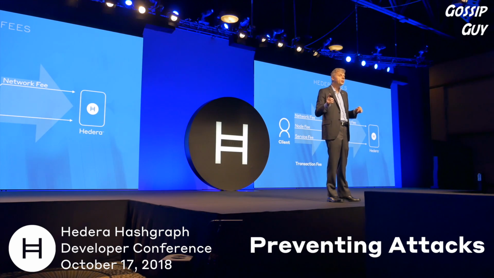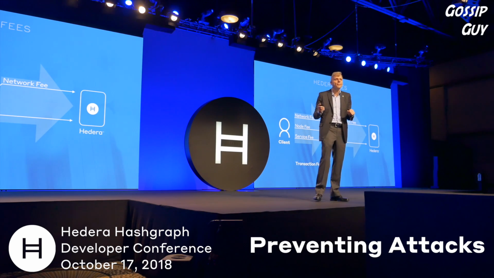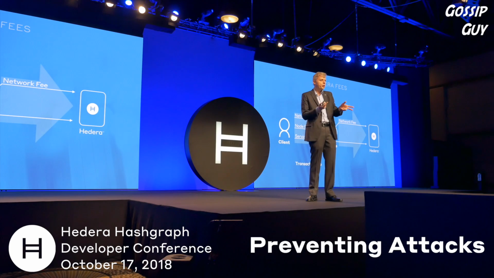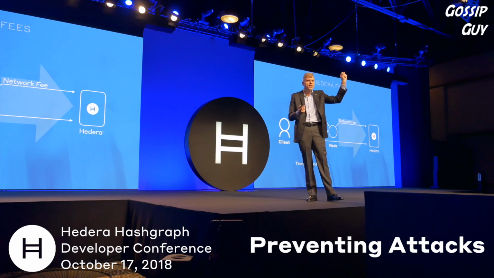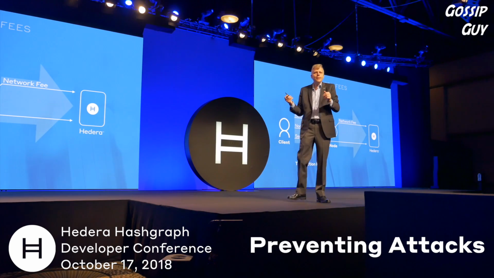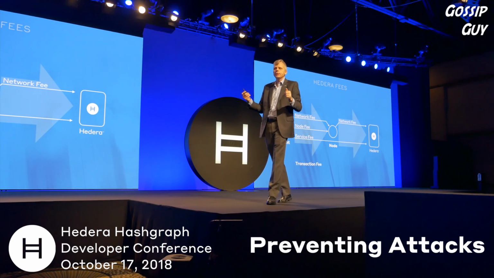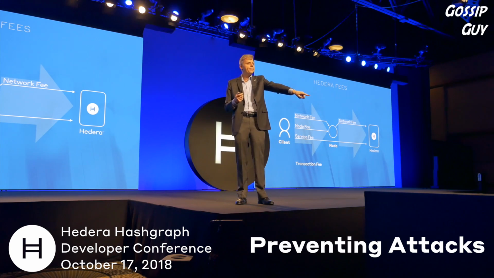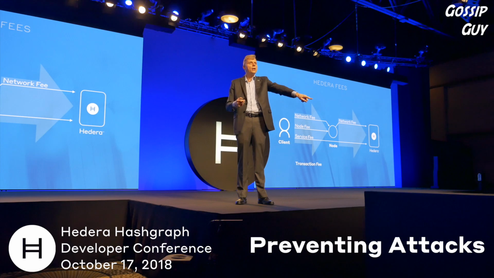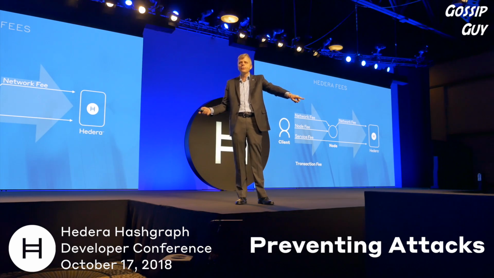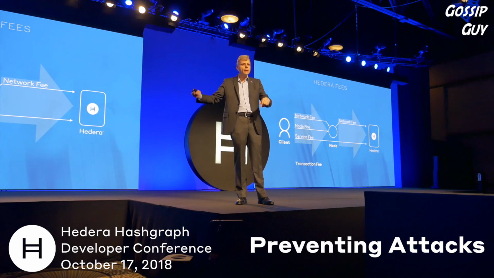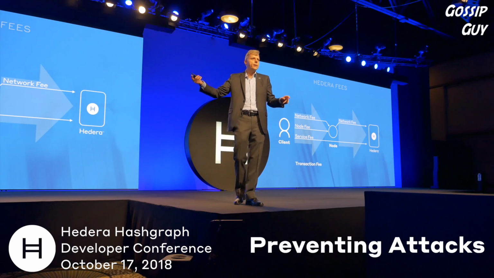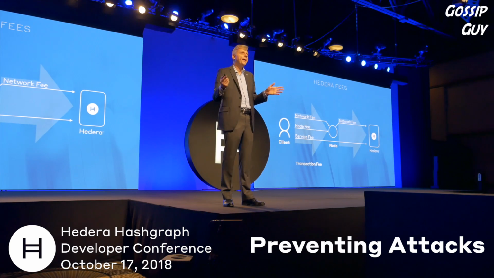But if the node is malicious, and there is no client, it's a fake client, he just made up, or she, he, or Alice, or Bob, whoever the node is, just made up a fake client with fake transactions and fake signatures, then that second half of the line means that the node is actually paying for the network fee. And all the effort of gossiping and checking it and keeping it in RAM for a few seconds or a minute is all being paid for by the node itself.